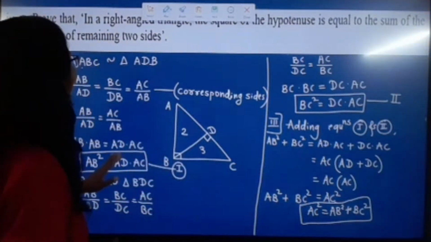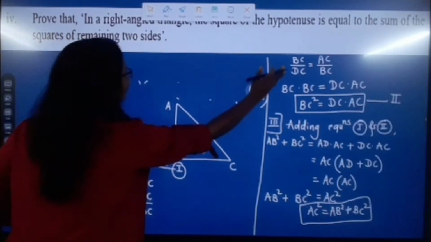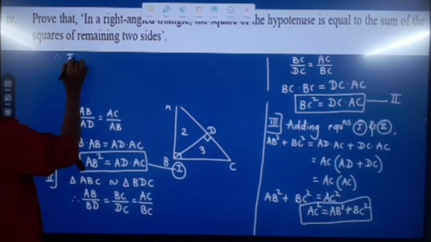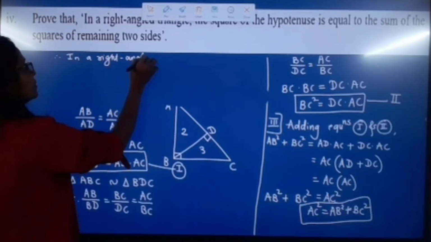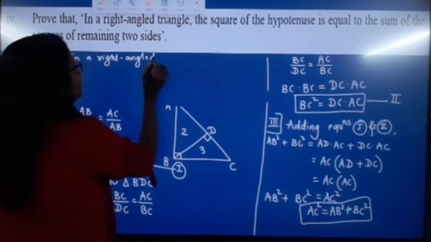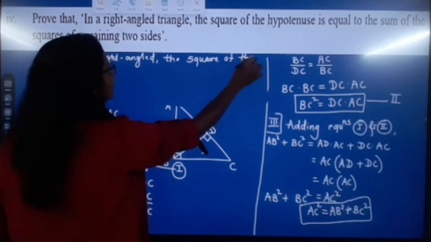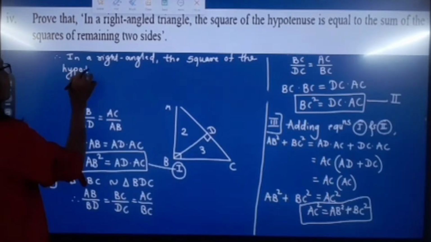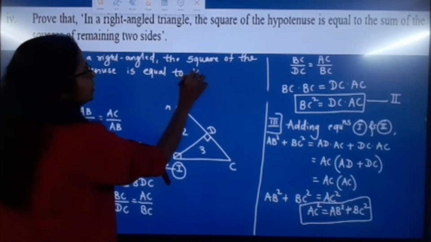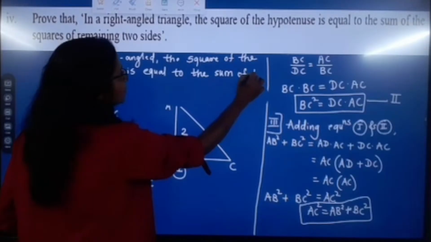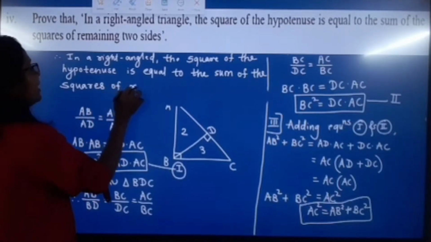Okay. So here we write down the last step. Therefore, in a right angle triangle, the square of the hypotenuse is equal to the sum of the squares of the remaining two sides.